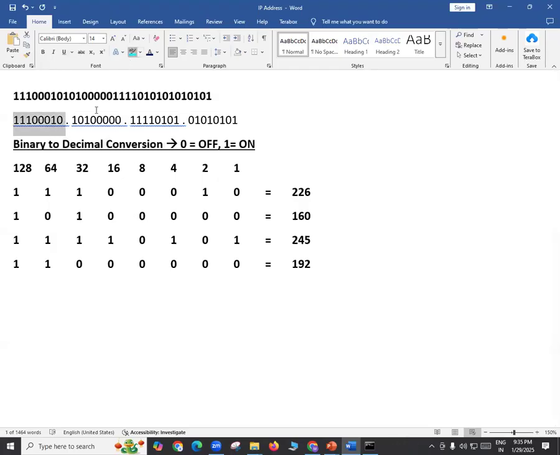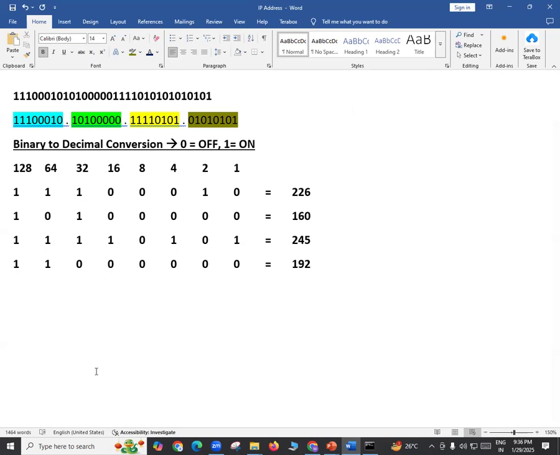So this is octet number 1, this is octet number 2, this is octet number 3, and this is octet number 4. So starting from your left side, the blue color octet is 1, the green is 2, yellow is 3, and the last one is your 4th octet. Okay, so we just need to see how we can convert these binary numbers into decimal numbers.